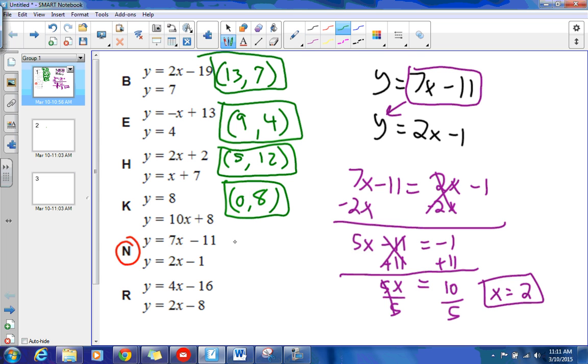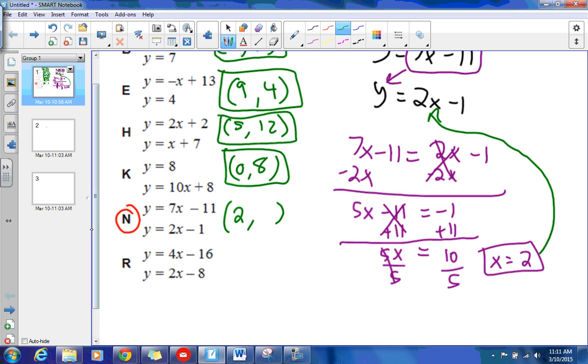So we've got our x value. Just have to find the y. Let's take that x value and plug it in for either equation. I'll plug it in for that x right there.